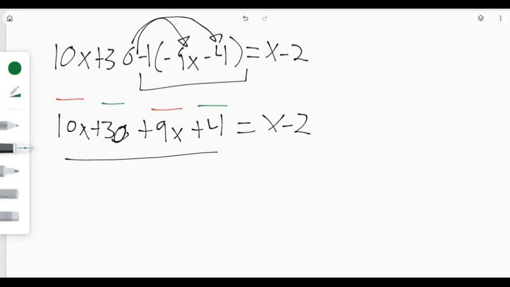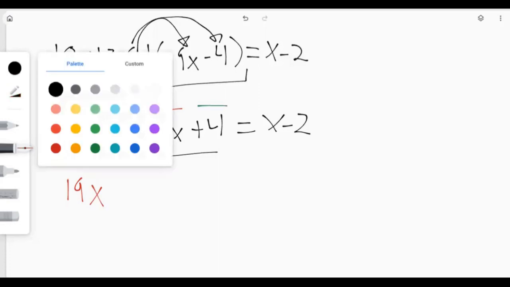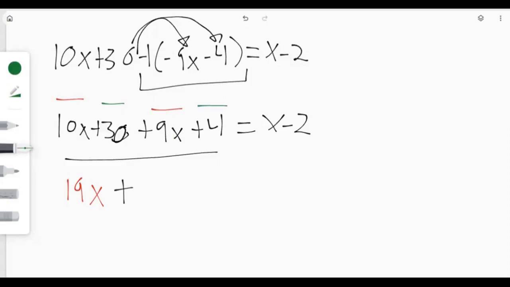And look, these are just simple number operations. So we can rewrite this now as 19x plus 34, and that's going to equal our x minus 2.